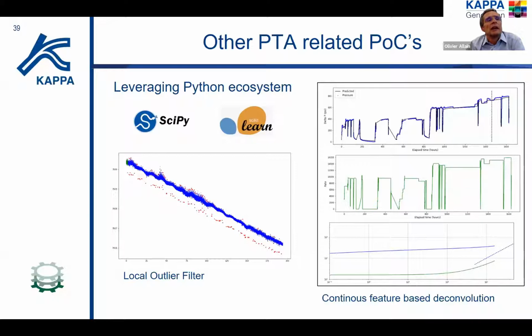So the idea here is that as the data is coming in, we have a system that tries to run this feature-based deconvolution. So it's a bit like learning how to predict the pressure from the rates and changing the model as time goes. So there are two interests to this workflow. The first one is to identify major changes in trend and to flag the user when they happen.